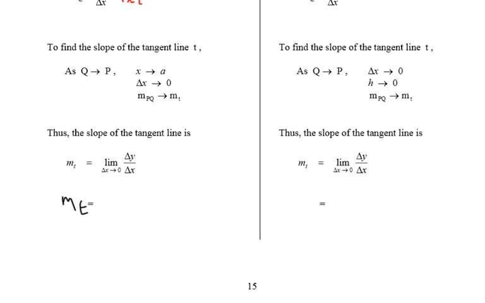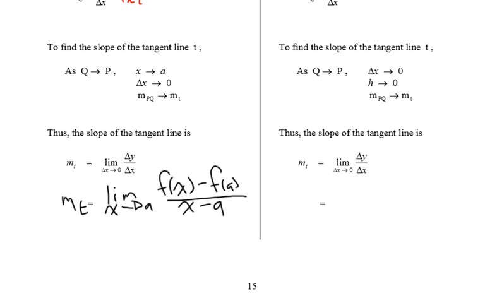We can fill in the blanks here: the limit as x approaches a of f of x minus f of a over x minus a. That's an a.